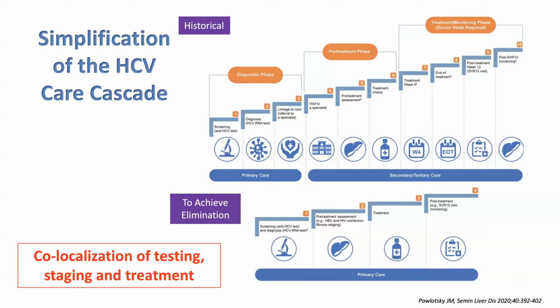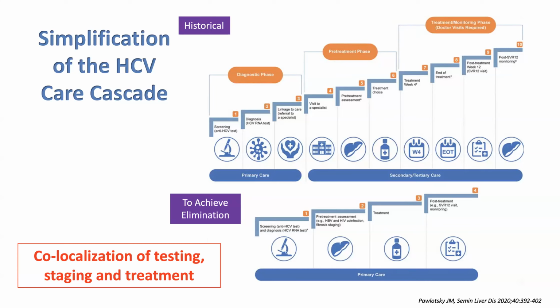So on the top is the way that we have historically done HCV care. You can see at the beginning, the screening and the diagnosis of hepatitis C is typically done in primary care. We start with an antibody test, we do an HCV RNA test, and then we refer them to the specialist. Then along the specialist cascade of care, there were many visits involved in the past.